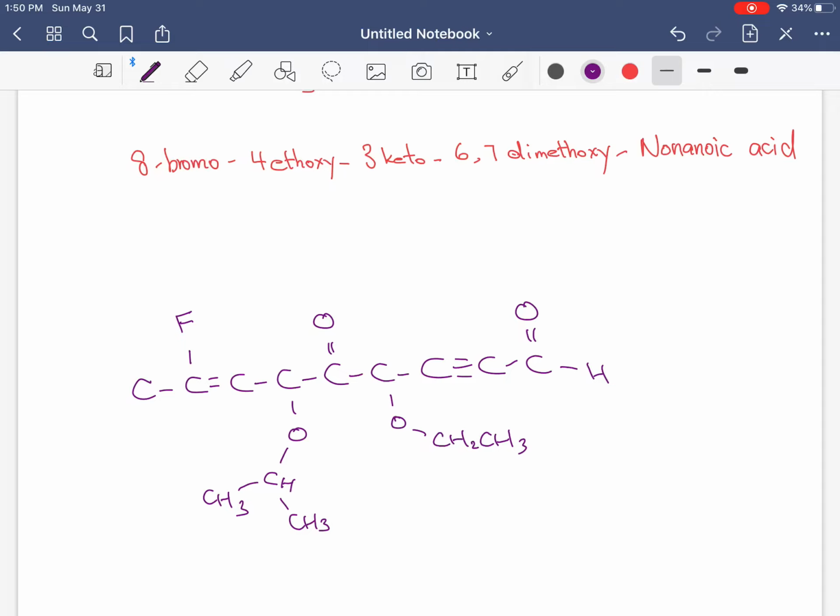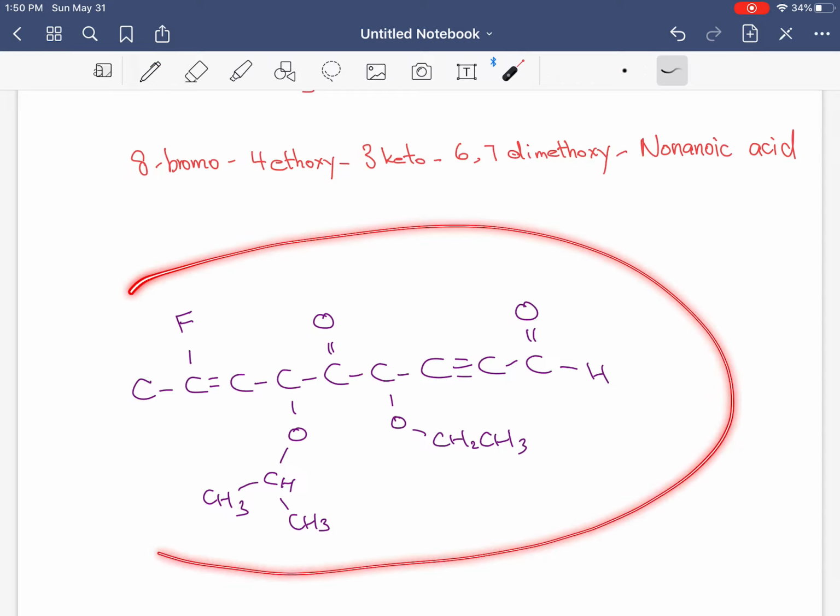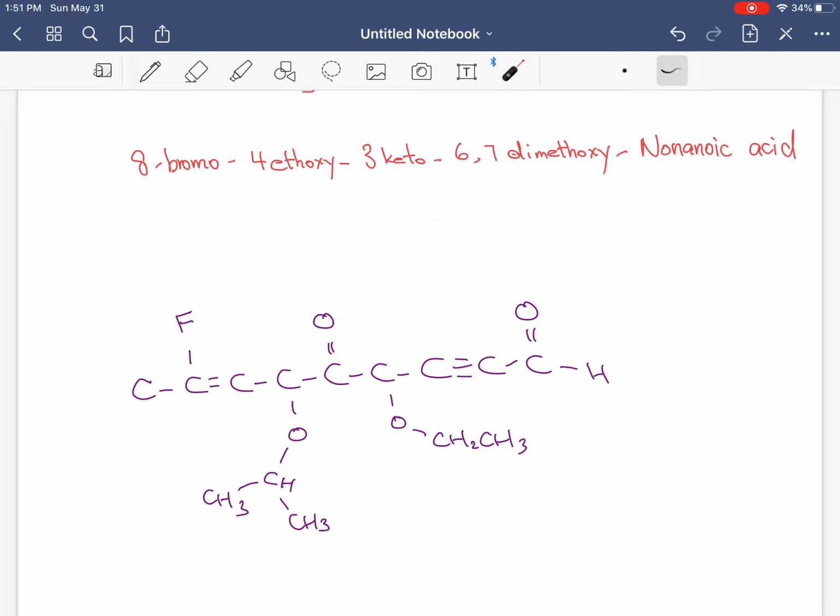All right, here it is. Looking great. I was going to put something more, but I'm sure you guys get the hint. So why don't you guys name this one? And that will bring us to the end of reaction of alcohol and the nomenclature of ether.